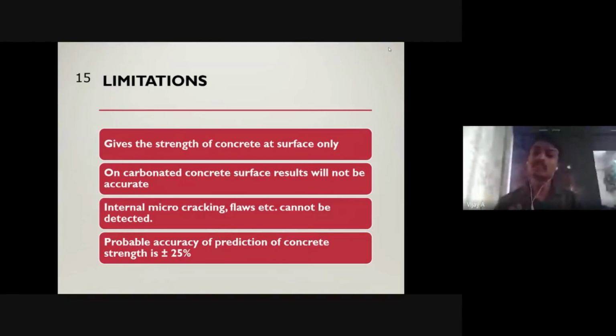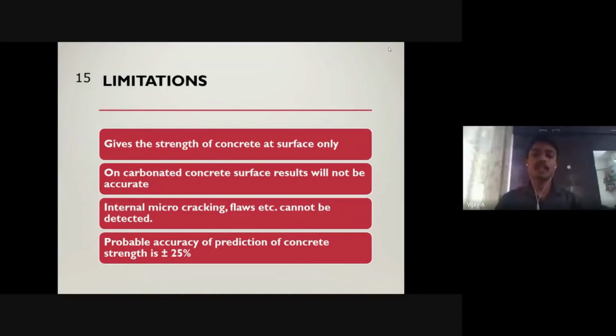For that we use different methods. So the rebound hammer should be used to understand the strength of the concrete or material at the surface and up to a certain limit of the surface, and definitely not for the core strength. Okay, that's the limitation of the rebound hammer.